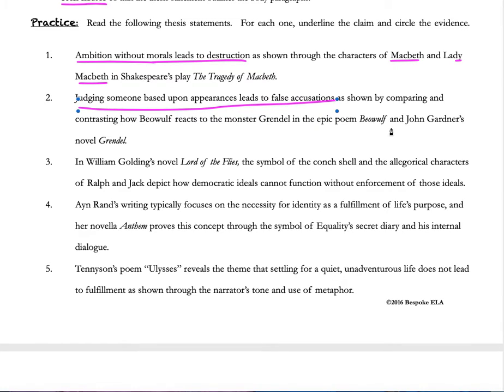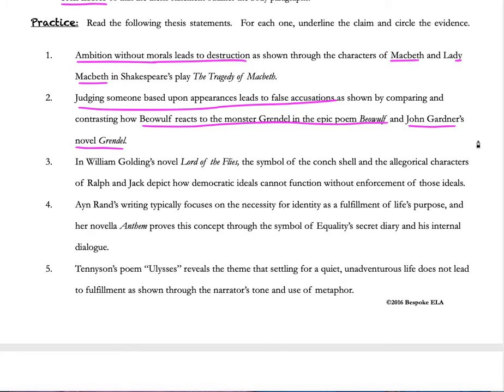And then our evidence, the points we're going to use to prove that theme statement, is how Beowulf reacts to the monster Grendel in the epic poem Beowulf, and how Beowulf reacts to Grendel in John Gardner's novel, Grendel. So using the same character, but in 2 different texts.